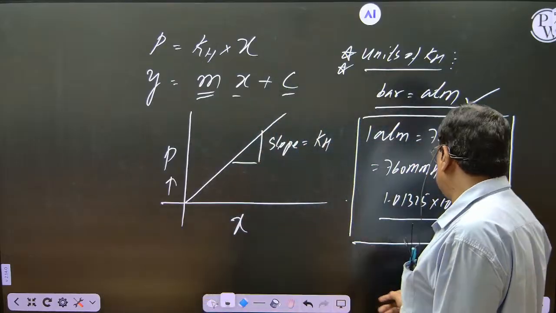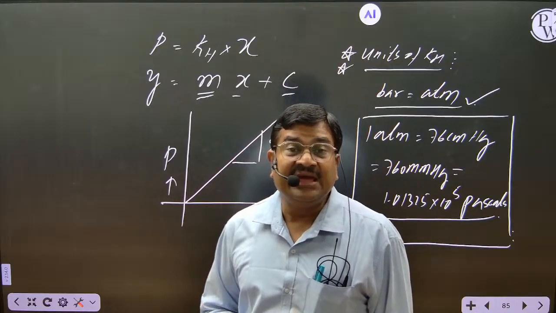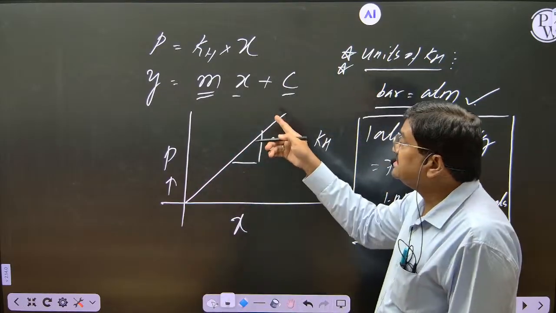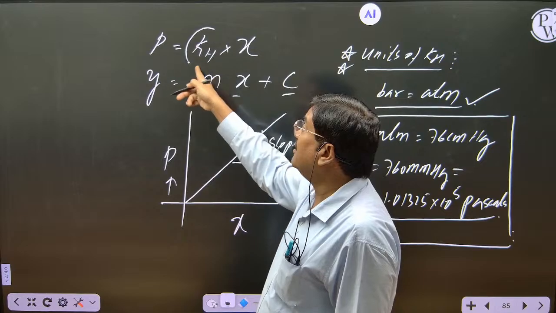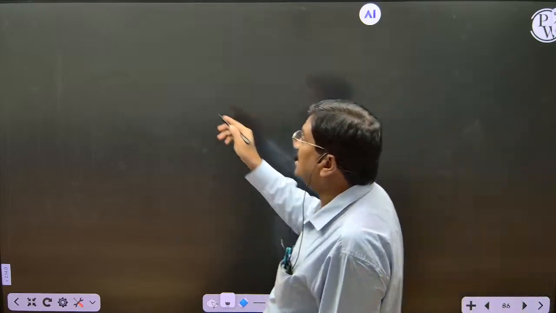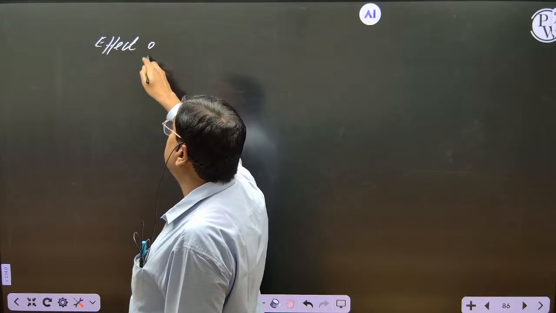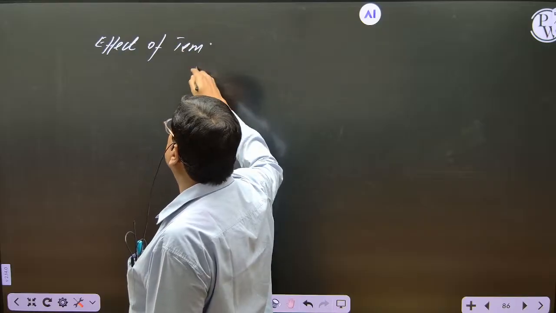Now see next one. Next we have to study what is the effect of temperature on Kh. So next our discussion is how temperature will have influence on Kh. Now observe here, students, all of you, important. In NCERT they are expressing, and even in exam they ask you what will be the effect of temperature on Kh.